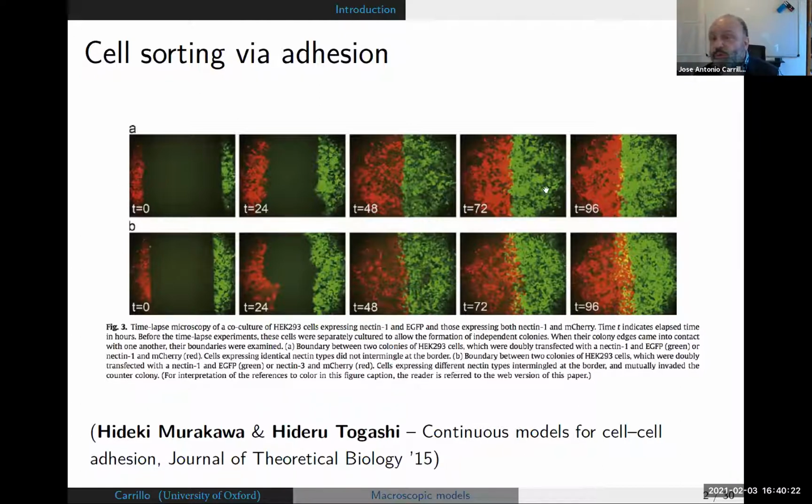So in the first row, they didn't do anything. They just let them grow. And what you see in this experiment is that when they meet, they form a very nice front. While in the second one, they were able to change that ability, as I said, by changing the level at which these proteins are expressed. And then they produce some mixing zone. So this was one of the experiments that triggered my attention.